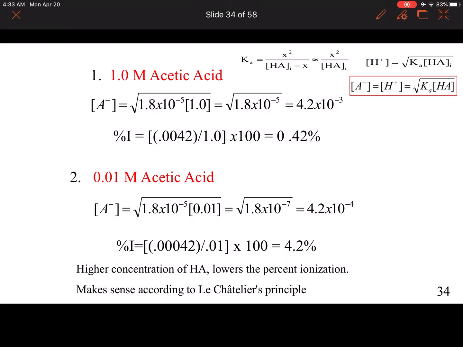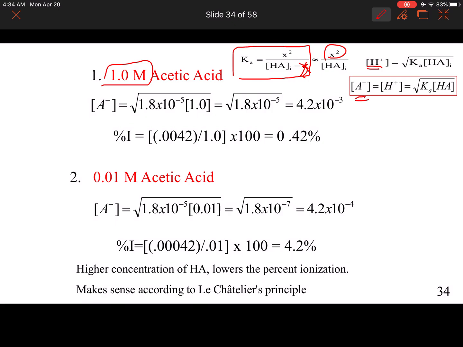I'm not going to go into detail here, but if, for example, I take 1 molar acetic acid, remember through the derivation, for any weak acid, Ka is X squared divided by HA minus X, and if X is negligible, I could remove it, and you solve for X, which is simply your H plus, which is also equal to the A minus.